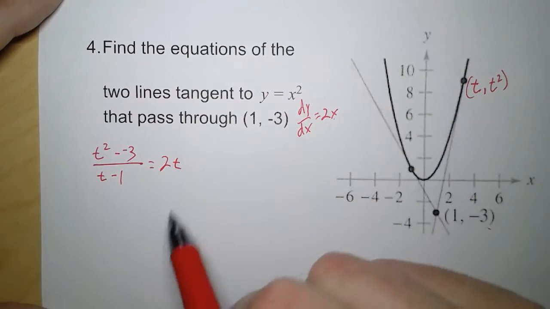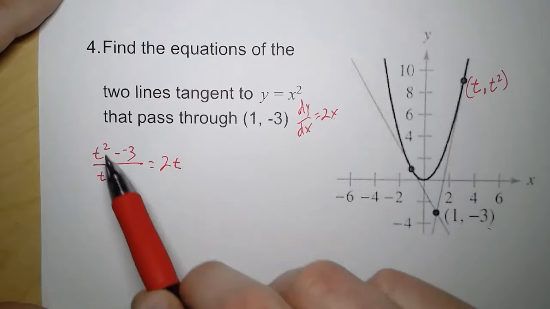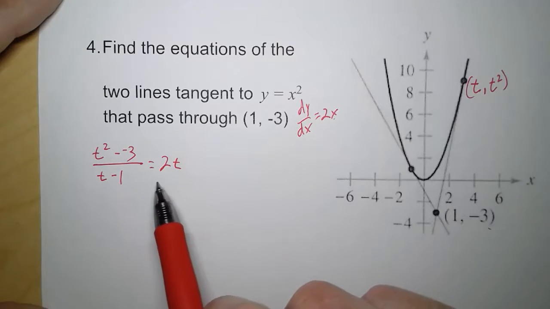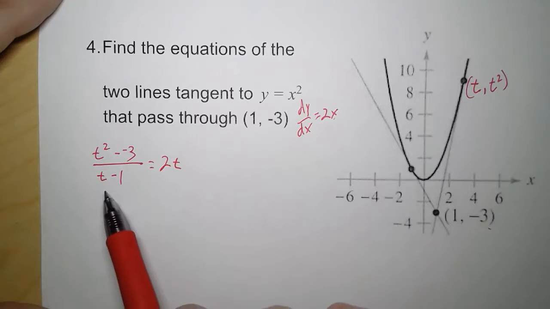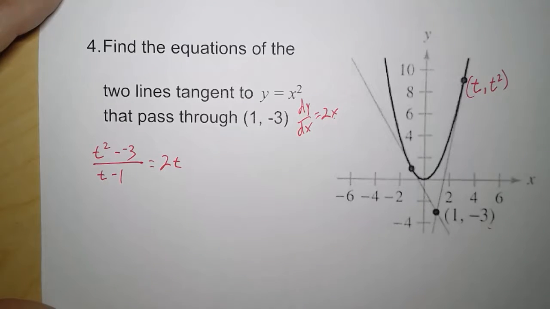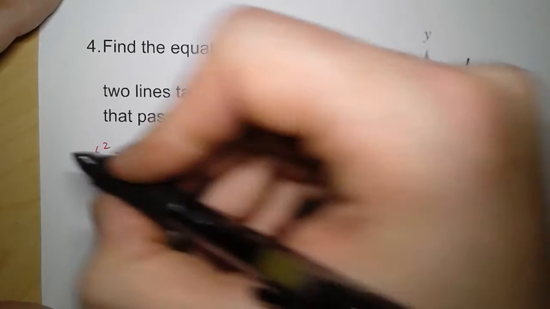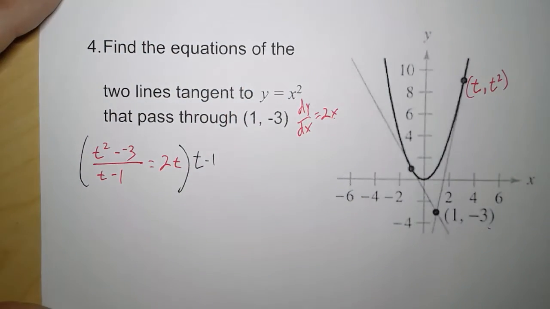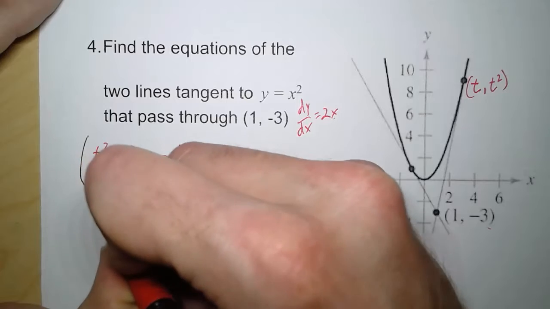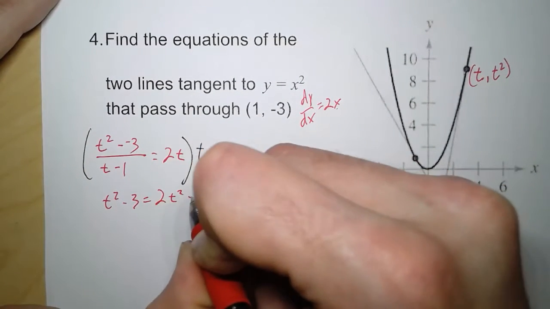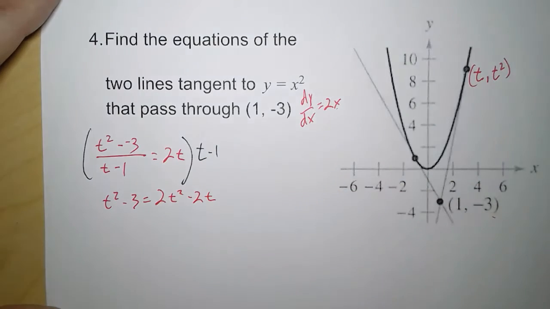Now, what we have here is one equation with 2 different values, and because it's going to be a quadratic, to solve this I'm going to multiply both sides by t minus 1. What that does is get everything out of the denominator. So we have t squared minus 3 equals 2t squared minus 2t.